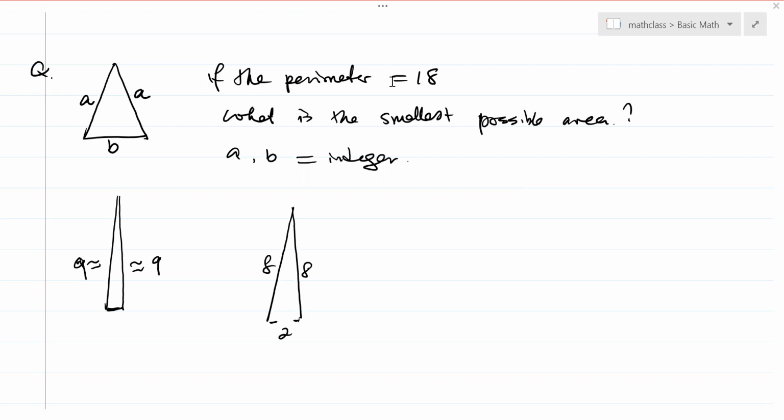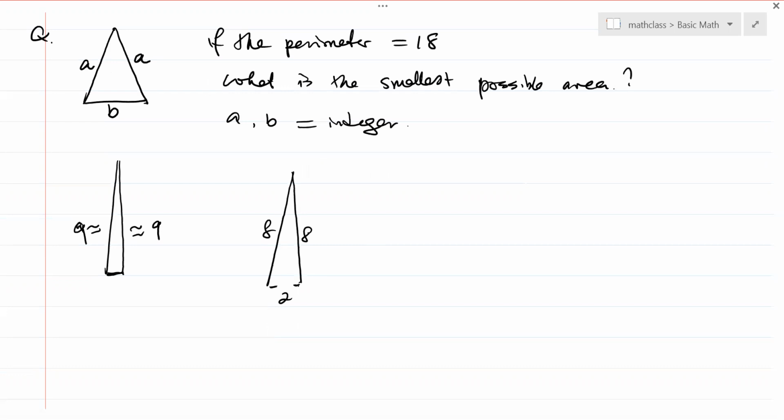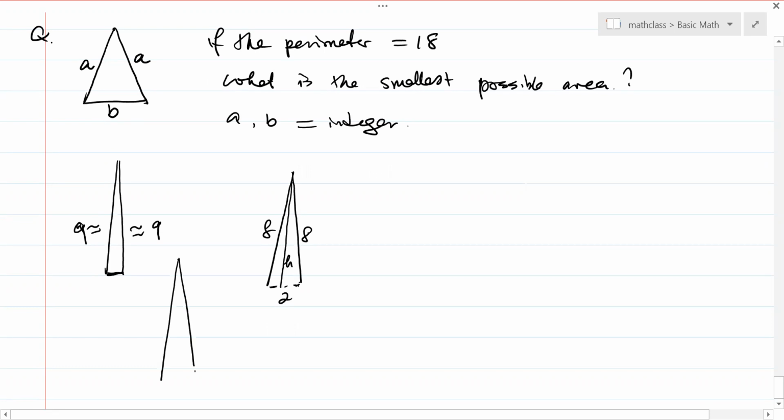All right, let's solve it. If you know this is an isosceles triangle, how do you find the area? First of all, you draw the height h, then you get a very narrow right triangle. This side is 1, that side is h, that is 8.